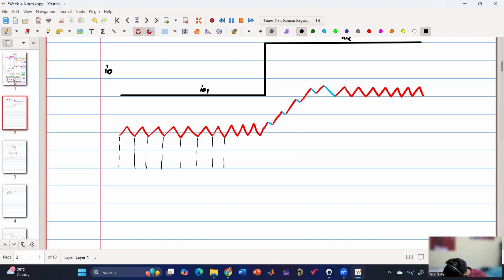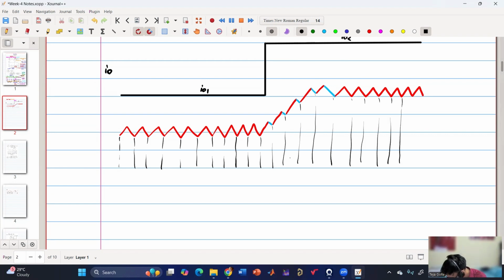draw the gate pulse. Okay, let us draw the gate pulse using a different color.